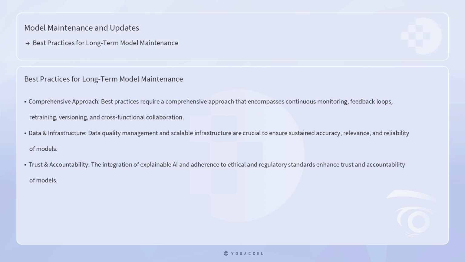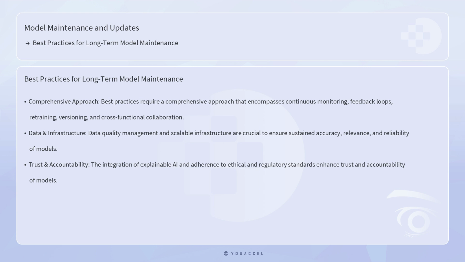In conclusion, best practices for long-term model maintenance are multifaceted and require a comprehensive approach that encompasses continuous monitoring, feedback loops, retraining, versioning, cross-functional collaboration, data quality management, and scalable infrastructure. By implementing these strategies, organizations can ensure the sustained accuracy, relevance, and reliability of their models, ultimately driving better decision-making and business outcomes.